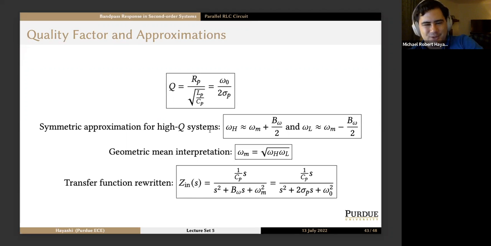It basically says omega m should be the arithmetic mean of omega h and omega L. However, in reality, if you go back to working this out, you'll get that omega m is really equal to the square root of omega h times omega L. It's a geometric mean of these two cutoff frequencies.